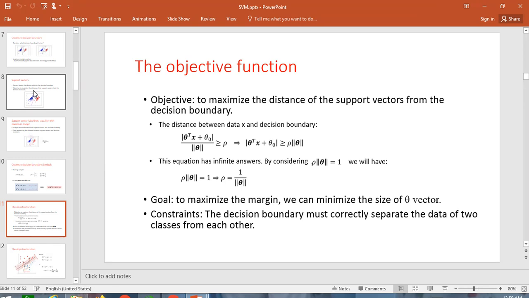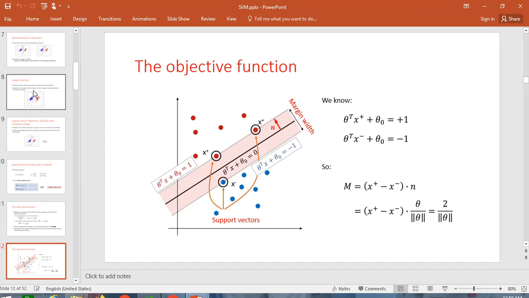For positive class data, the value of W transpose X plus B must be greater than 1. Likewise, for class minus 1 data, the value of W transpose X plus B must be smaller than minus 1.